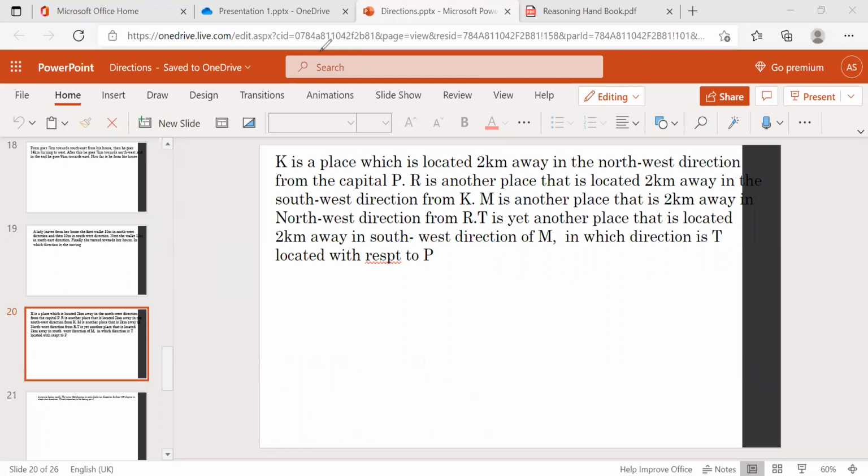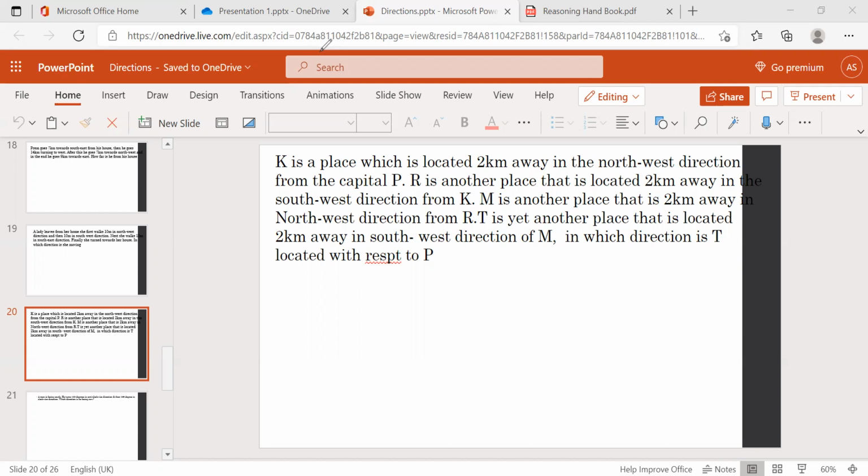K is a place which is located 2 kilometers away in the northwest direction from the capital P. R is another place that is located 2 kilometers away in the southwest direction from K. M is another place that is 2 kilometers away in the northwest direction from R. T is another place that is located 2 kilometers away in the southwest direction from M. In which direction is T located with respect to P?